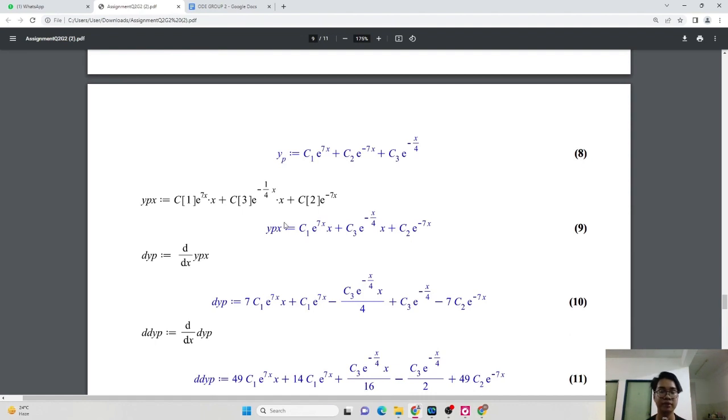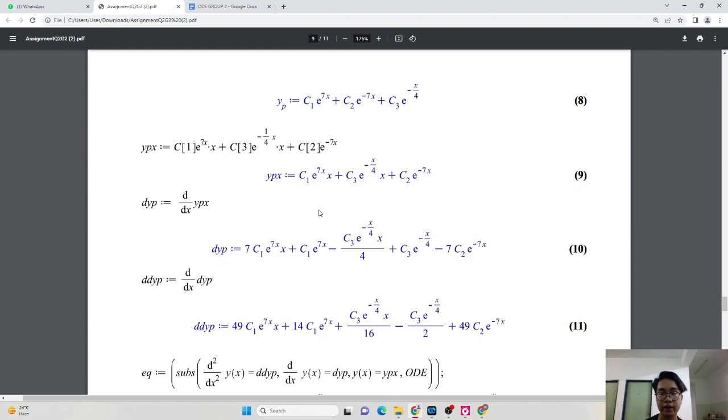The ninth step is ypx C1 exponent power of 7x multiplied by x plus C3 exponent power of negative 1 over 4x plus multiple x plus C2 exponent power of negative 7x.